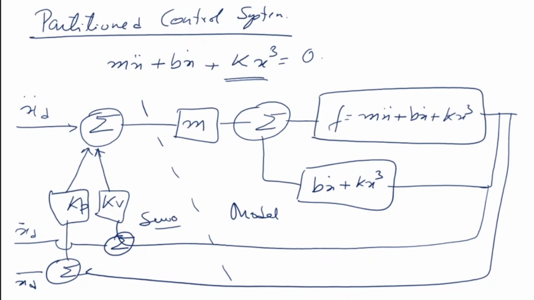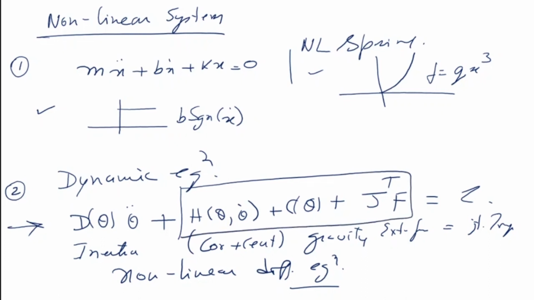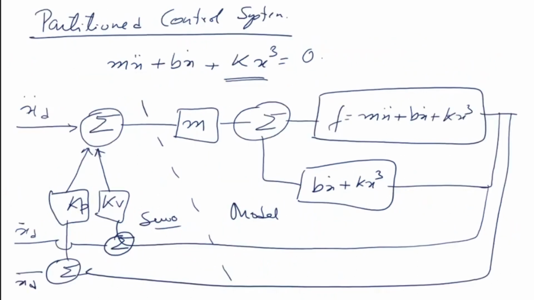Now what about the robot manipulator we just looked at? This is the robot manipulator equation. How can we take care of this? We can take care of this by breaking it up into two parts.